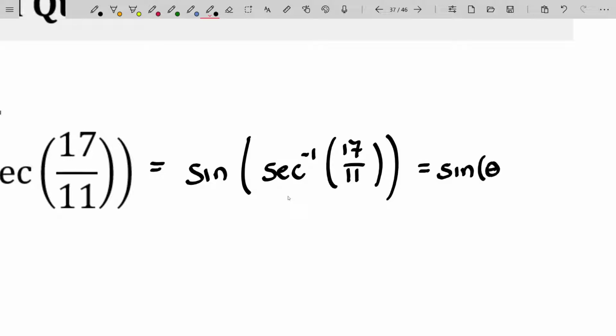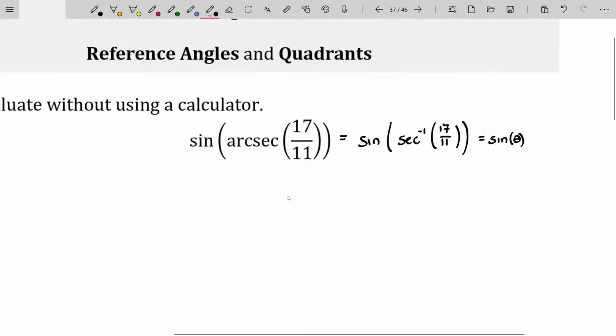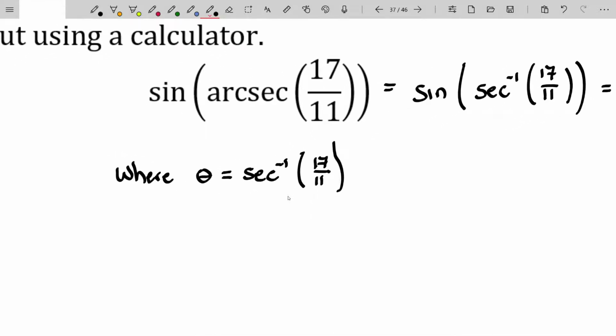And we do have to state what that angle is. So I'll just say where that angle is equal to the secant inverse of 17 over 11. Well, what does that imply? That implies that the secant of that angle must equal the ratio 17 over 11.